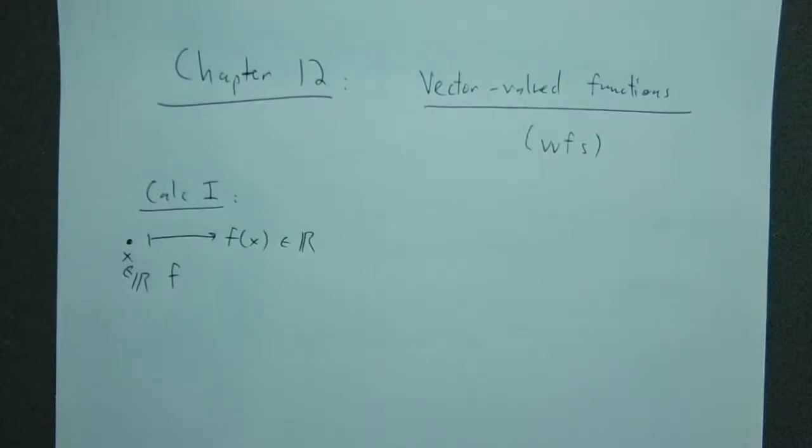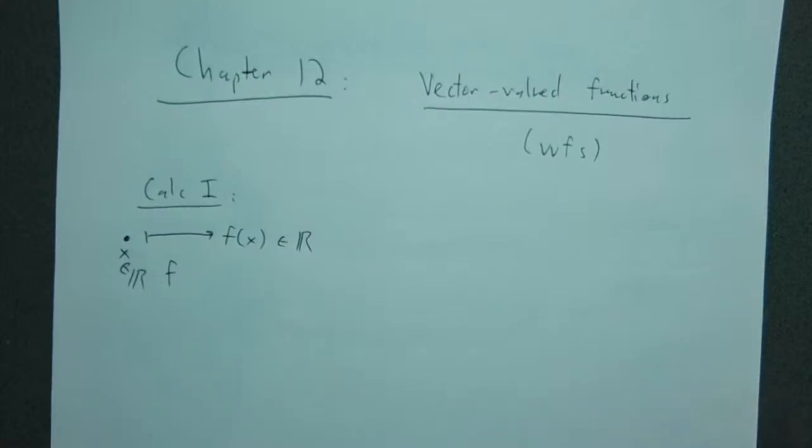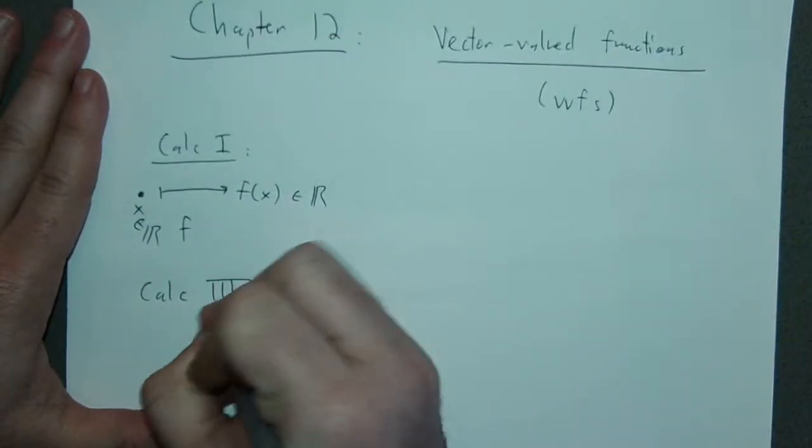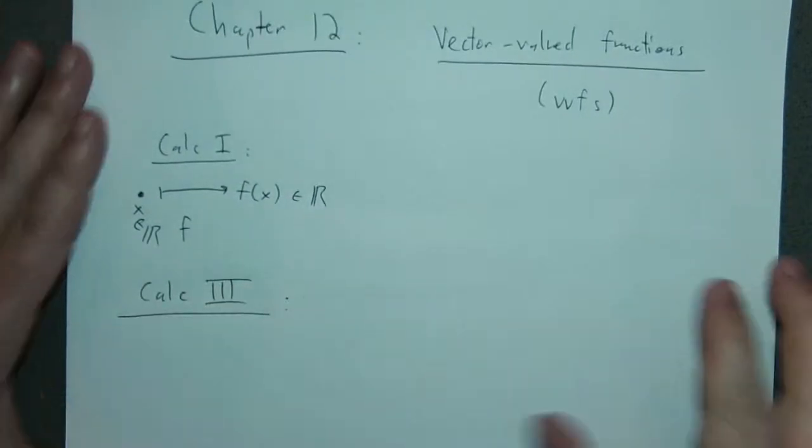Now in Calc 3, we're going to do some different things here. We are going to take in single real numbers and produce things that are not real numbers. And we're also going to take in vectors and produce real numbers. So in Calc 3, we're going to do two different things.